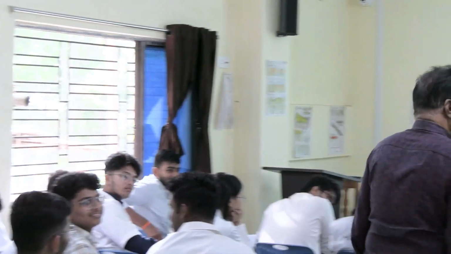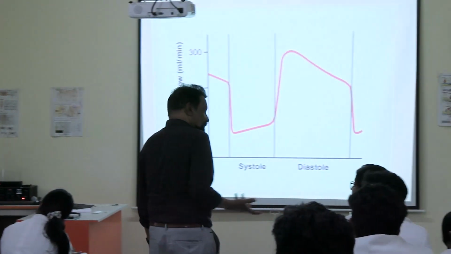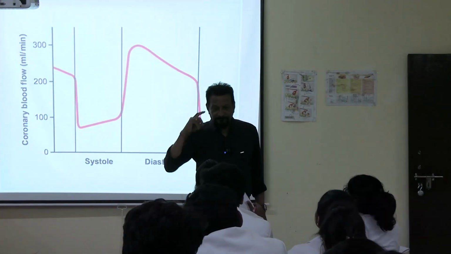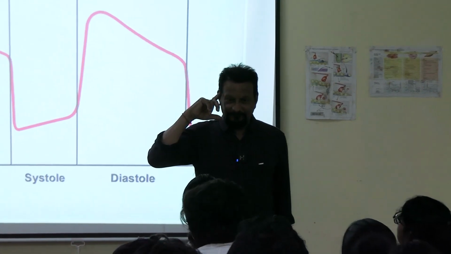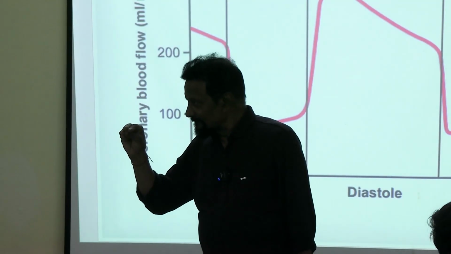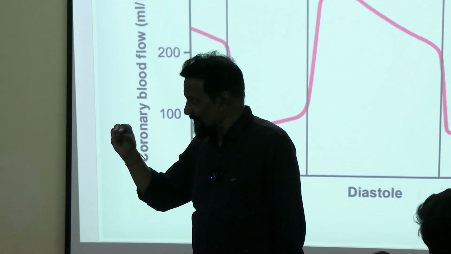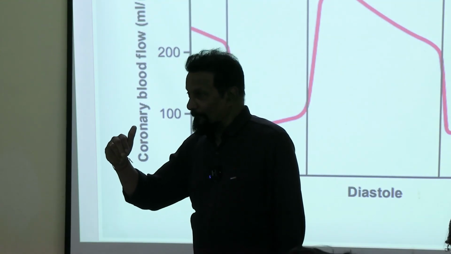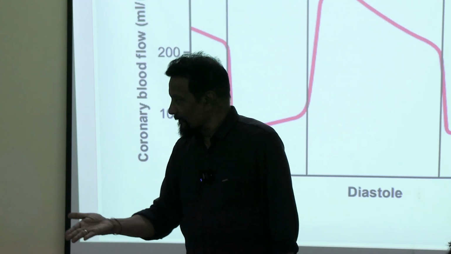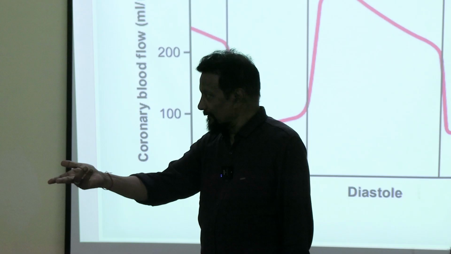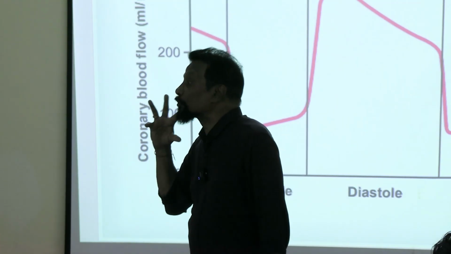Every beat. What is this called? This is one stroke. So during each stroke, meaning each systole, some amount of blood is coming out. This volume of blood that is coming out of each ventricle is called stroke volume.